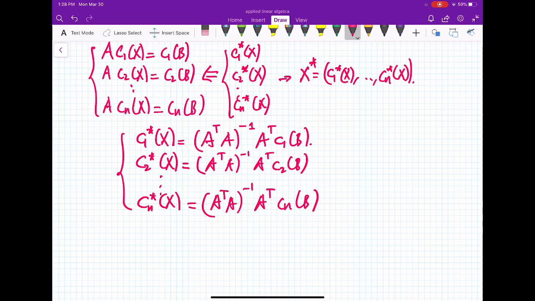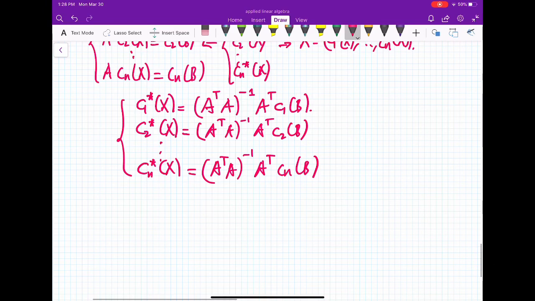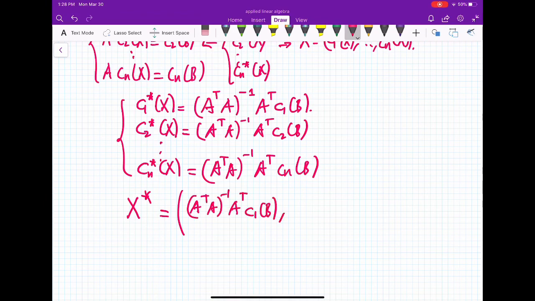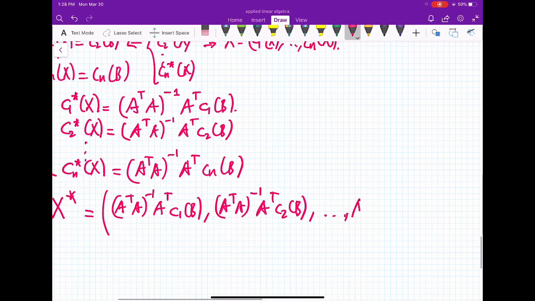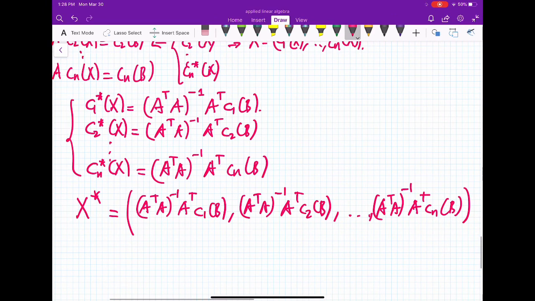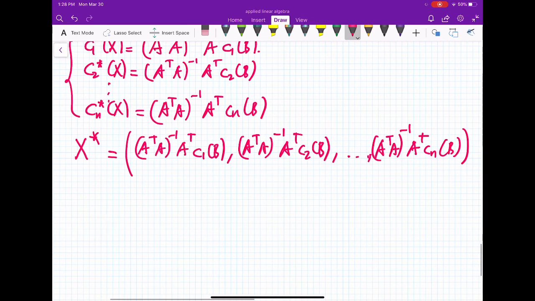Look at this. And then when you set up the matrix X star, the first column of X star is (ATA) to the -1 AT C1B. The second column is (ATA) to the -1 AT C2B, and so on. The last column is (ATA) to the -1 AT CNB.